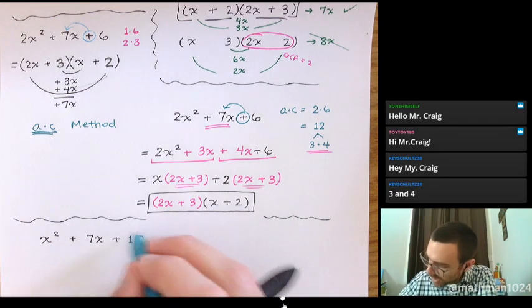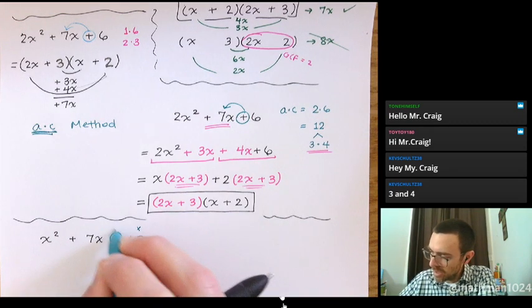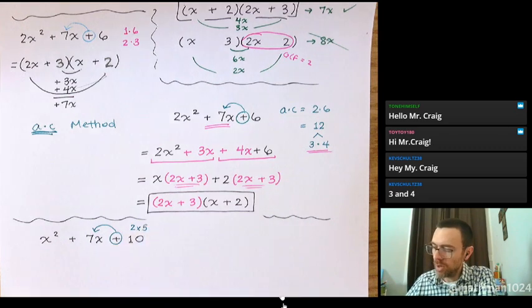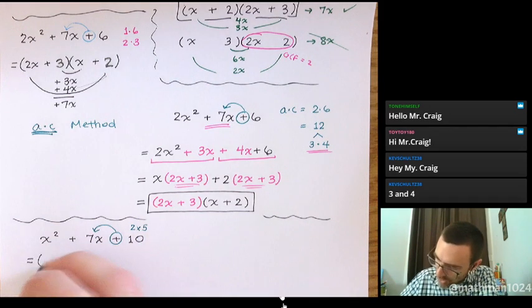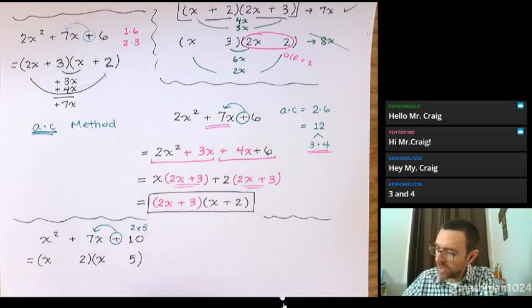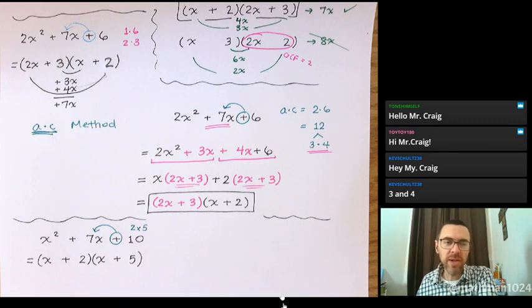Because when I'm asking you to find factors of 10 that add to 7, the 2 and the 5 that you find here are the exact same numbers that go in the factorization. They go in the individual factors. So you get x and 2, x and 5, and both of these guys are positive. There is no need to try to split up the 7x. Don't split up the middle term. Just take these numbers and you put them here.